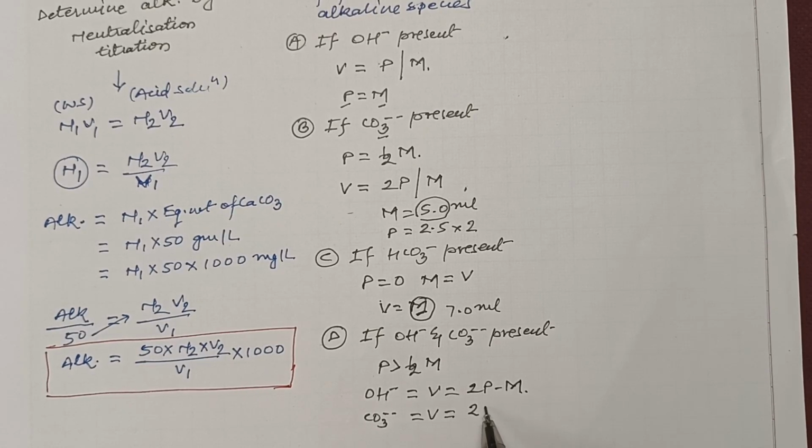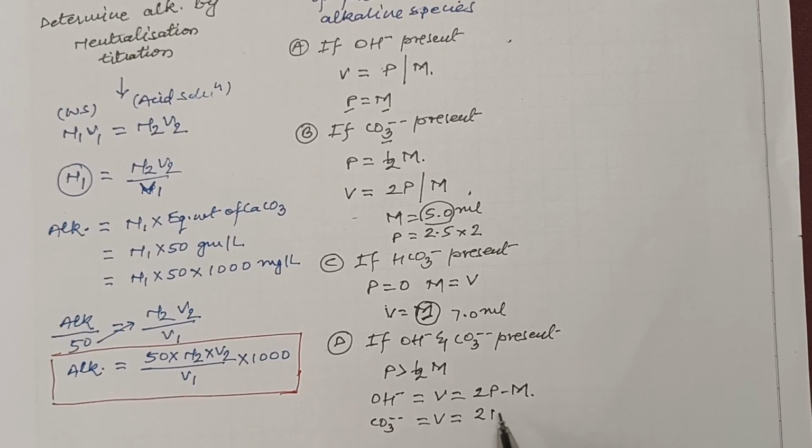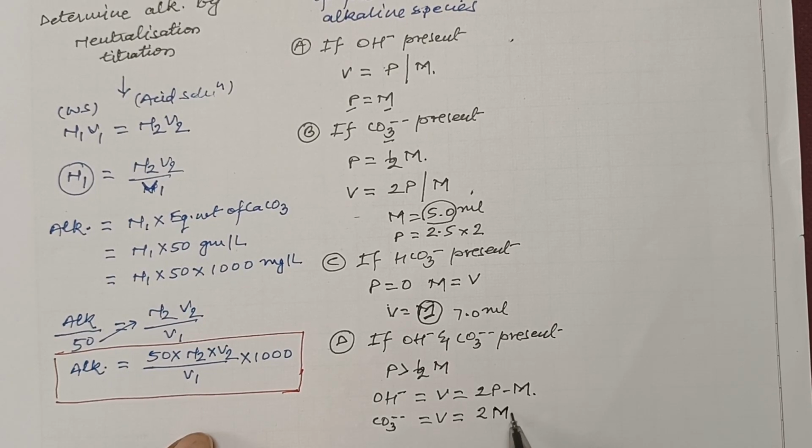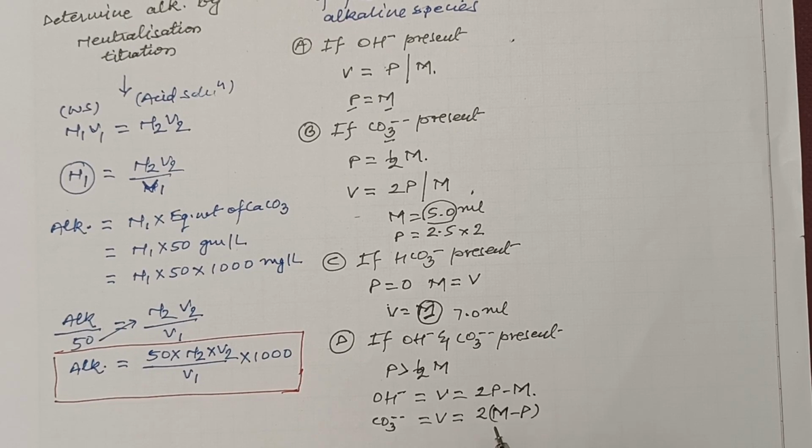Here we write 2 into M minus P. So this value may be taken for calculating the particular carbonate ion present in the water sample. So 2P minus M for hydroxide ion, 2 into M minus P for calculating the carbonate ion.